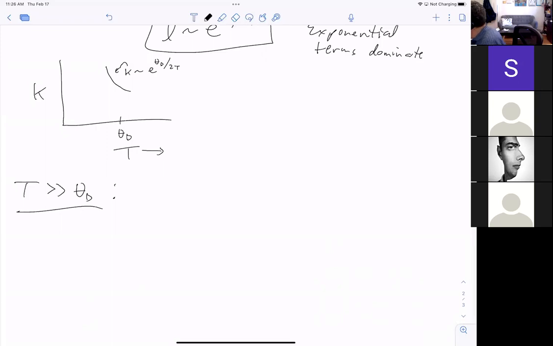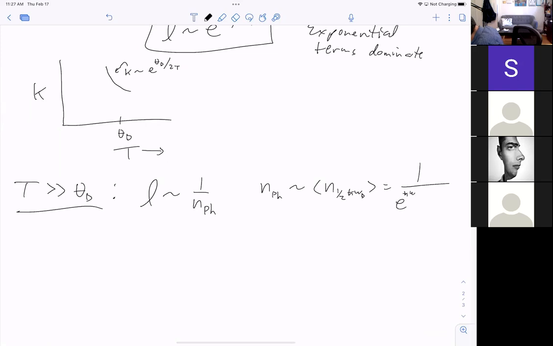For temperature much bigger than theta Debye, the high temperature regime, we just do the same argument. We have L is proportional to 1 over the density of phonons, and the density of phonons goes as the Bose-Einstein distribution function for the big phonons, h bar omega Debye, which equals 1 over e to the 1/2 h bar omega Debye over kT minus 1.